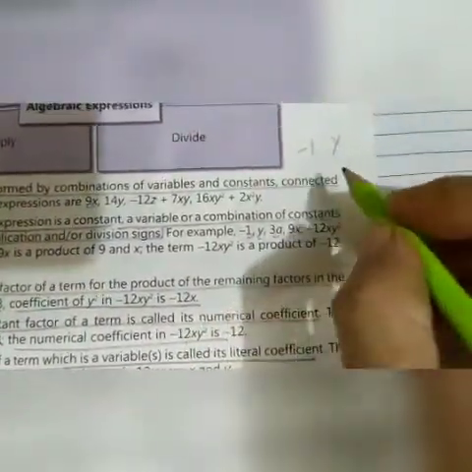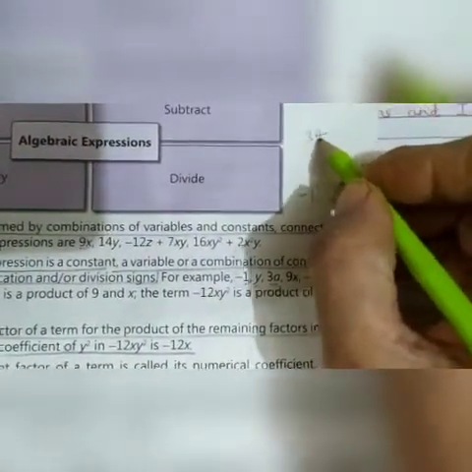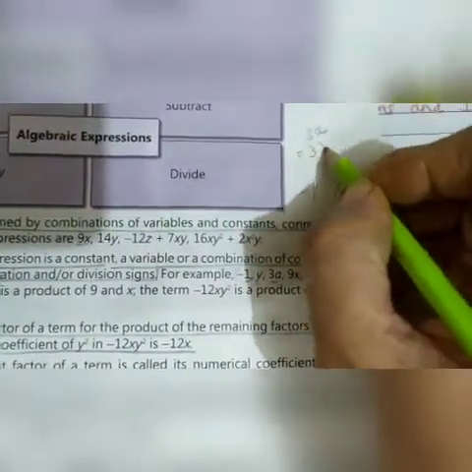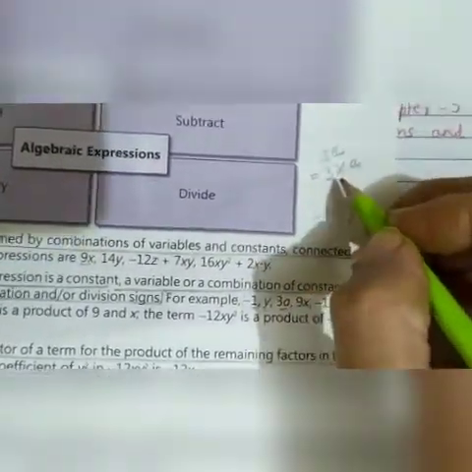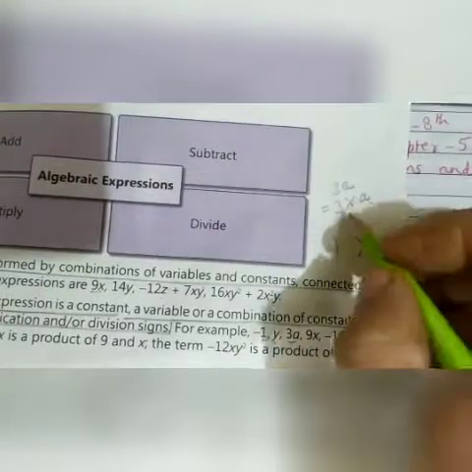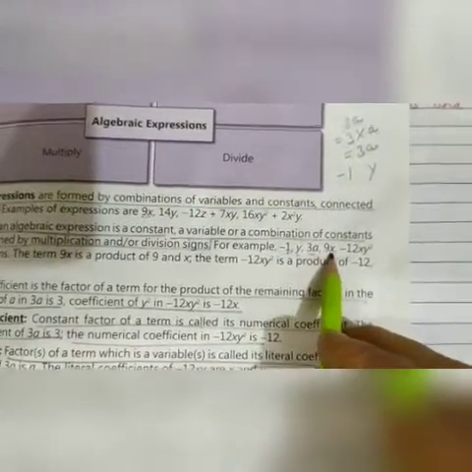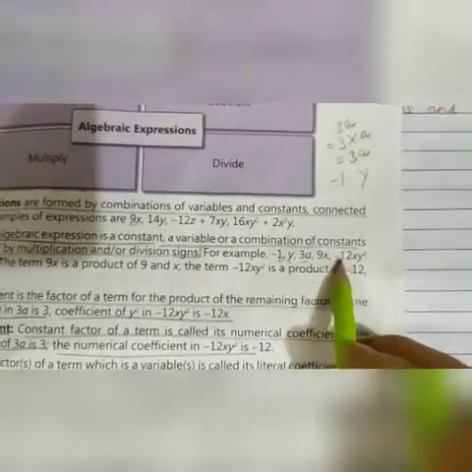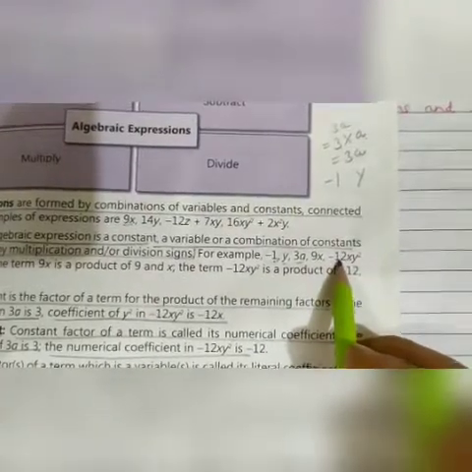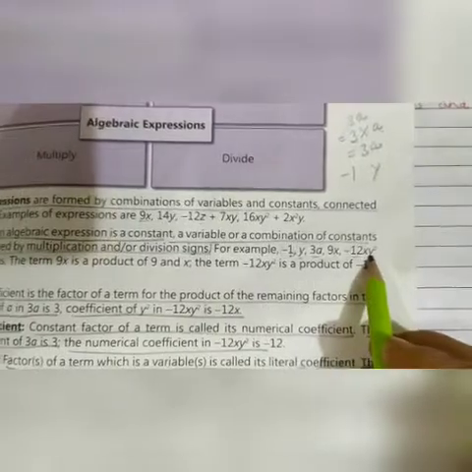Now the third example is 3a. How is this 3a formed? It is formed by the multiplication of 3 and a. When we multiply 3 by a, we get 3a. So 3a, 9x, and minus 12xy square are formed by a numerical coefficient, meaning a constant, and the variables x and y.